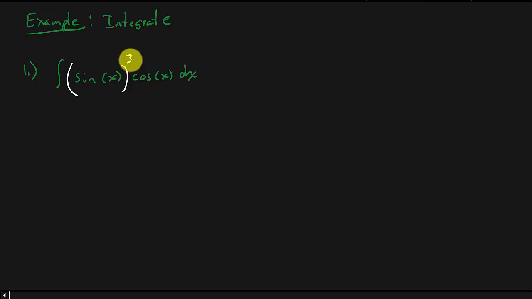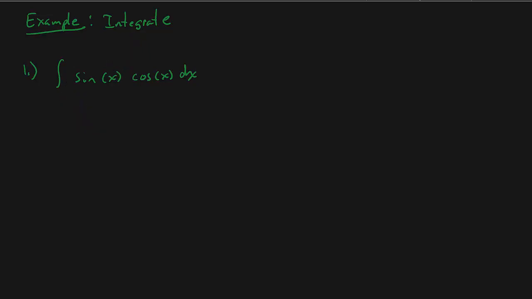So I have sine x in parentheses raised to a power. That's what that means. I'm going to go ahead and put the exponent back here. But just remember, picture this as sine x in parentheses raised to a power.